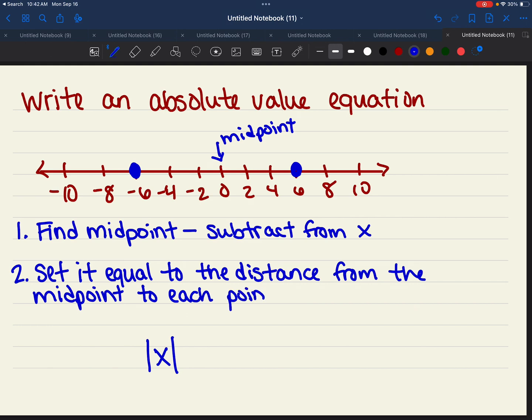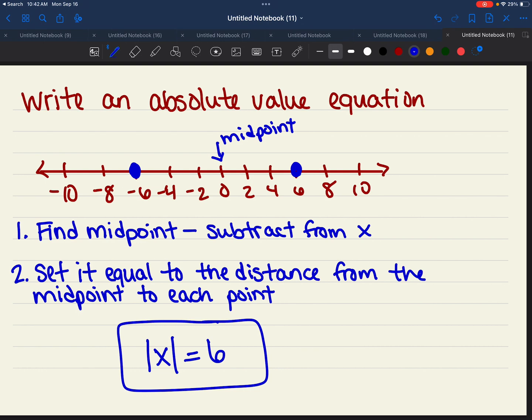This is a lot to write down, but it's a lot more simple than this. So how far away is each of these points from the midpoint? 6. So what do I set my equation equal to? 6.